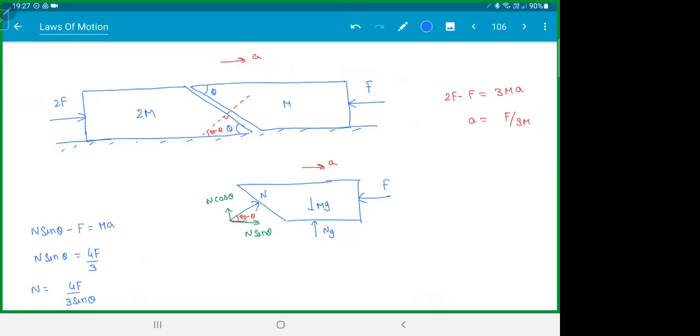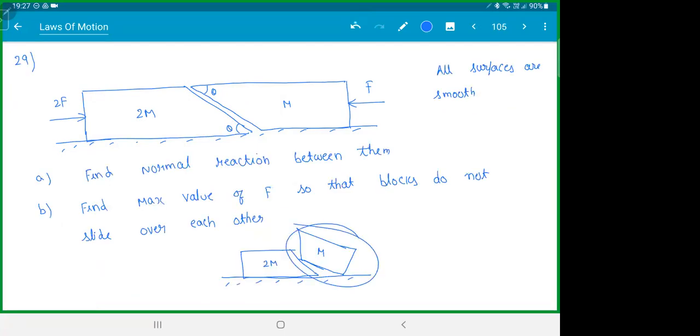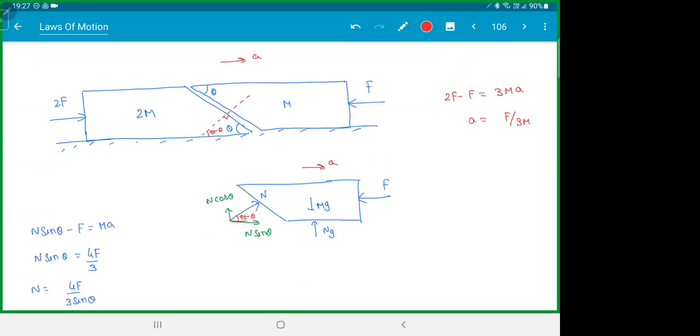Anyways, next part, what is this? So tell me one thing. If it's going to lift off, like this, what will happen? It will lose contact with the ground, na? If it lifts off, this implies Ng has become 0, isn't it?